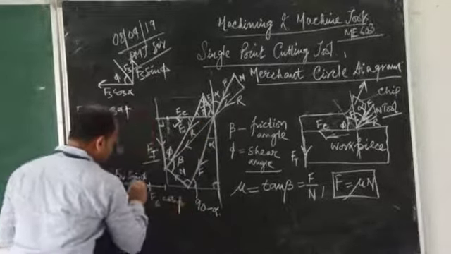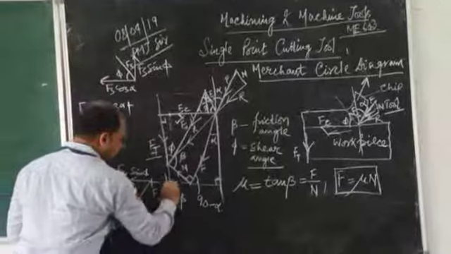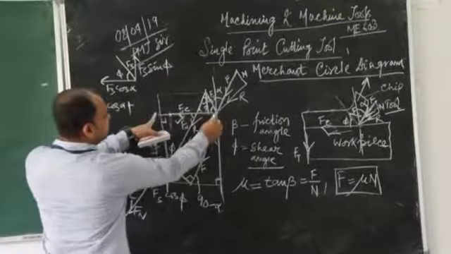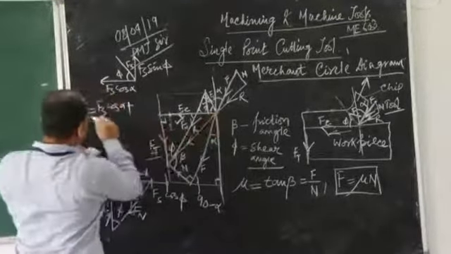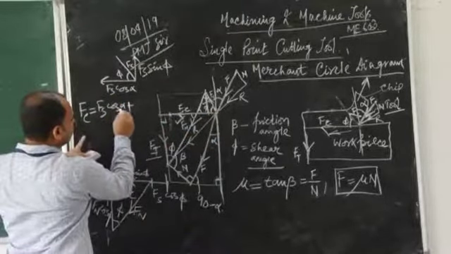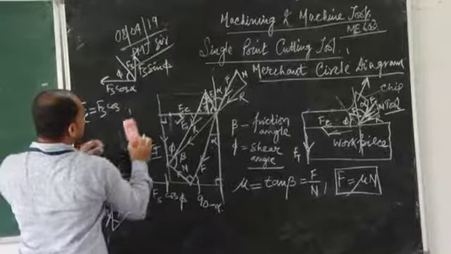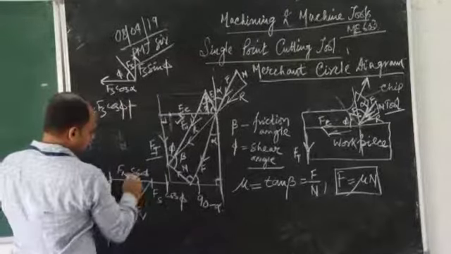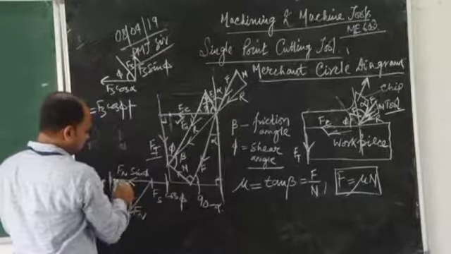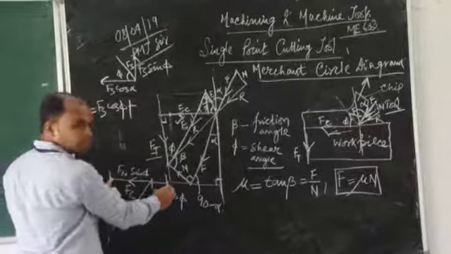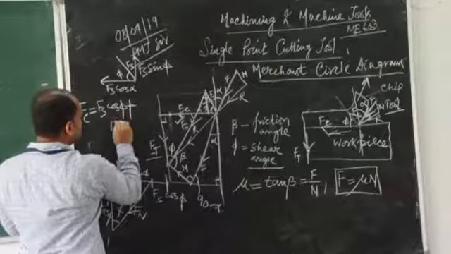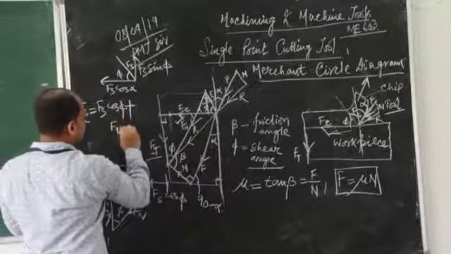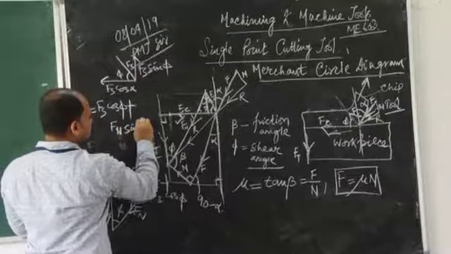The total is Fc, this whole length is Fc. So you can write Fc equal to Fs cos phi plus Fn sin phi. Okay.